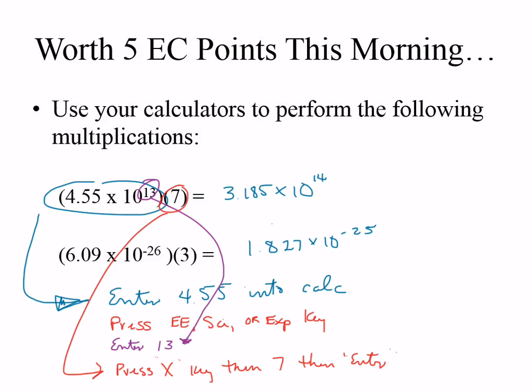Show me how you do it. I think I know. I've seen this before. 6, 1, oh wow, okay, that worked out. 6, 1, 0, 9, no, times. Don't you do it times? Oh, really? So clear it, yep. Okay. So 6.09. And then your EXP key.